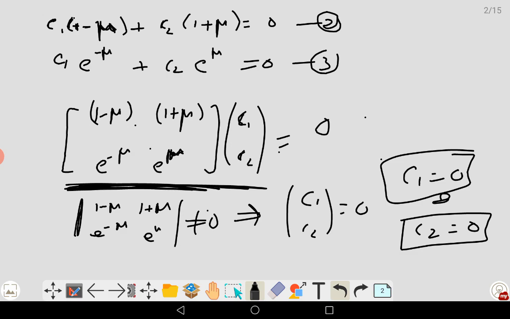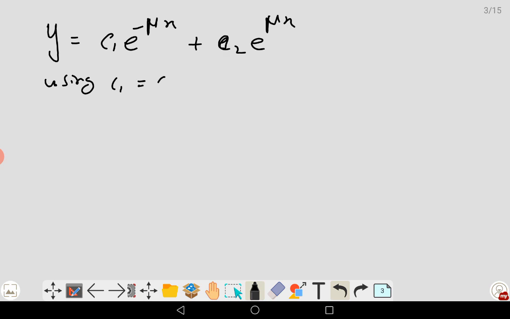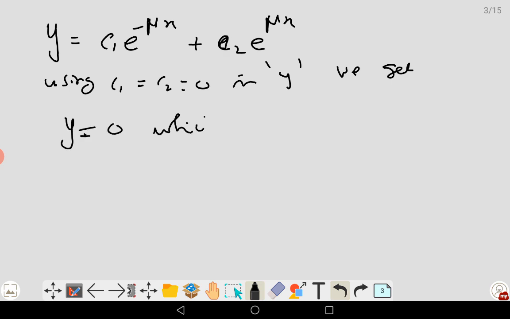Right. So when you get C1 C2 value, we should use the y equation. What is y? Y is C1 into e power minus mu x plus C2 into e power mu x. Using C1 and C2 equal to 0 in y, we get y is equal to 0, which is a trivial solution.